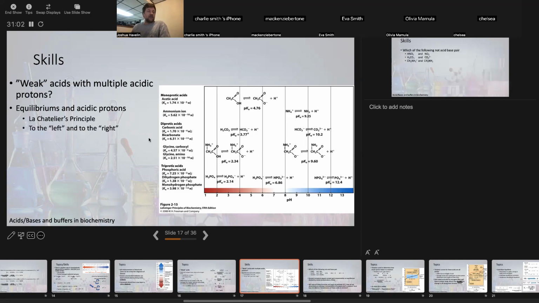And why this matters and why we're bringing it up again is because whether or not this acidic proton dissociates basically all boils back down to Le Chatelier's principle. So the pH of the surrounding solution, otherwise known as the concentration of H pluses in the solution around these guys, will actually impact whether or not your reaction proceeds forward or backward.